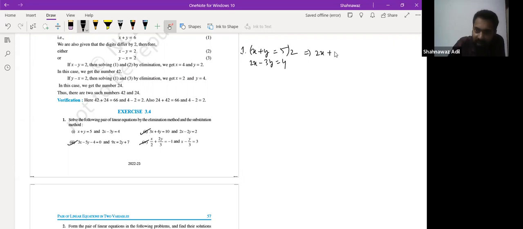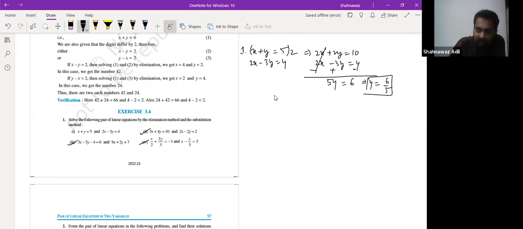So 2x plus 2y is 10, and this is 2x minus 3y is 4. Subtract. And what will be the sign here? Positive. Right. And this will be negative. So this cancels. 3y plus 2y is 5y, and this is 6. So y is 6 by 5.